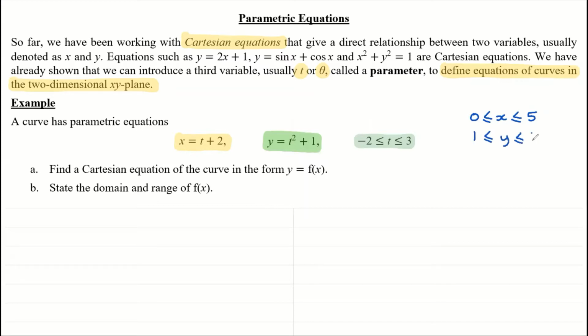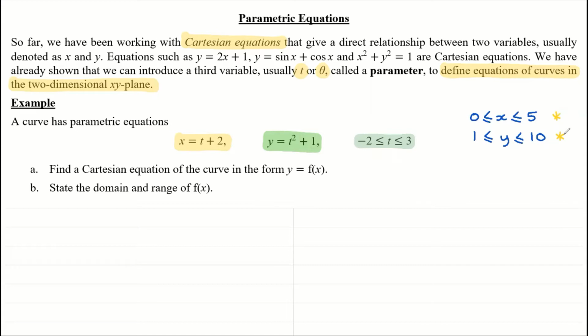This is purely from the warm-up, so if you've not seen that part, please go and have a look at that or reread the notes. Now, we're going to have a look at how to find out these 2 pieces of information from the information we've got in this example. How do we get the domain and the range, essentially, from this information?